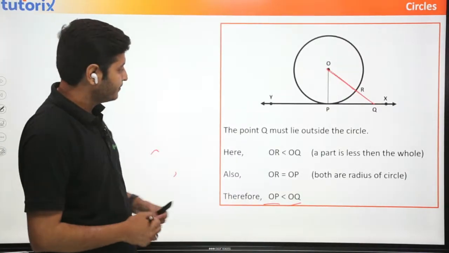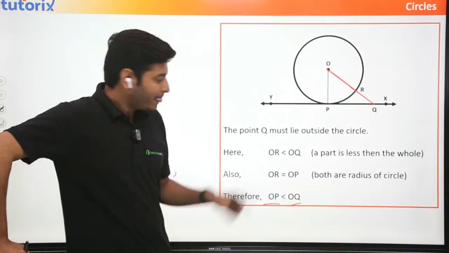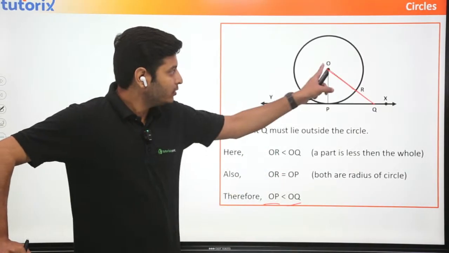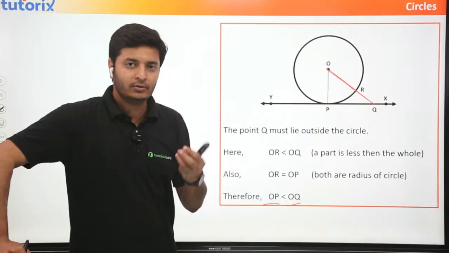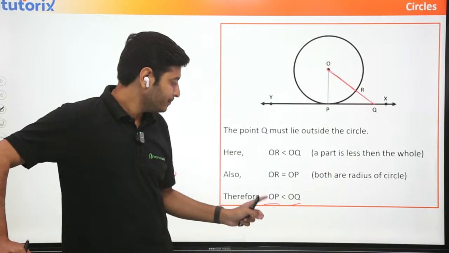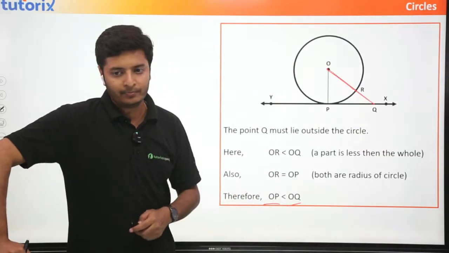Now here OR is lesser than OQ, but OR and OP are equal because both of them are radii of the same circle, so they are equal. So from here we can conclude that OP is lesser than OQ.